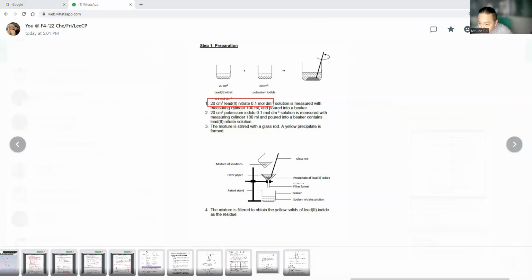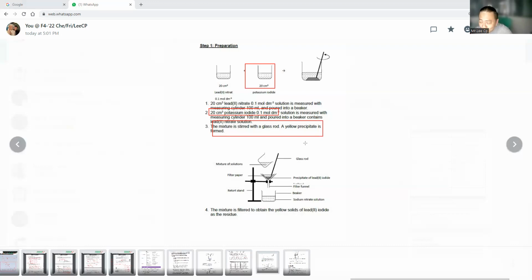You need to write the volume and molarity, because you can have a number or more. Put the volume and molarity into the beaker, and then mix them together, and then yellow precipitate is formed.